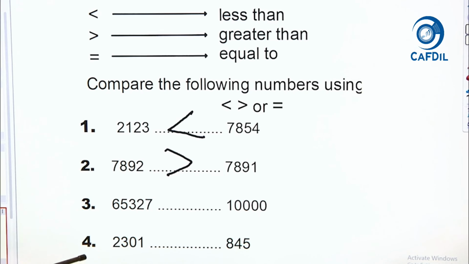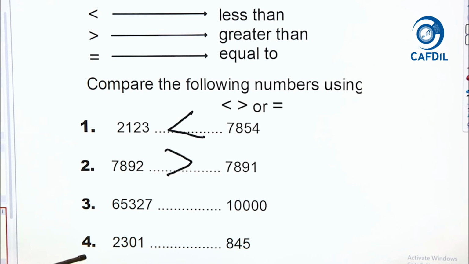So here it is 6. Let's move to the next number. The digit here is 1. So we can stop here. 6 and then 1. We can say that 6 is greater than 1.